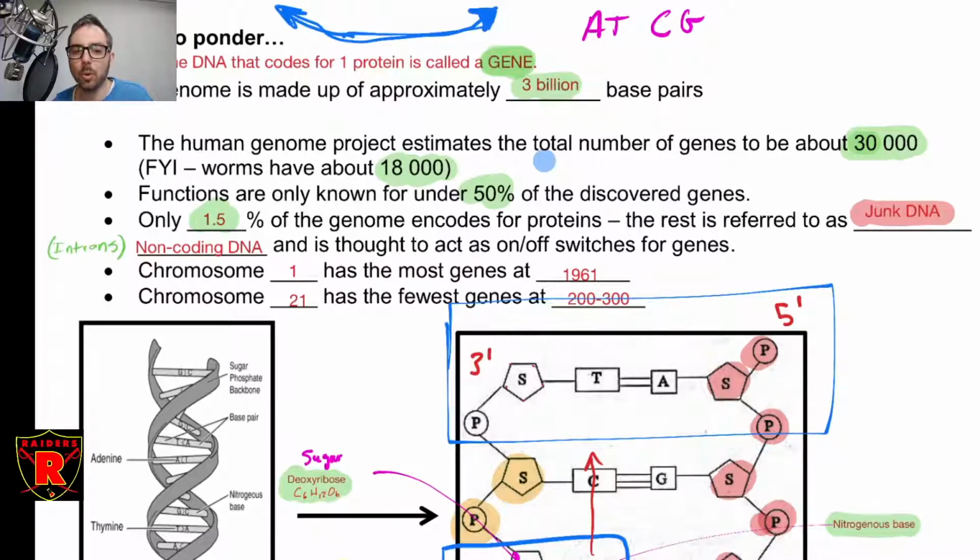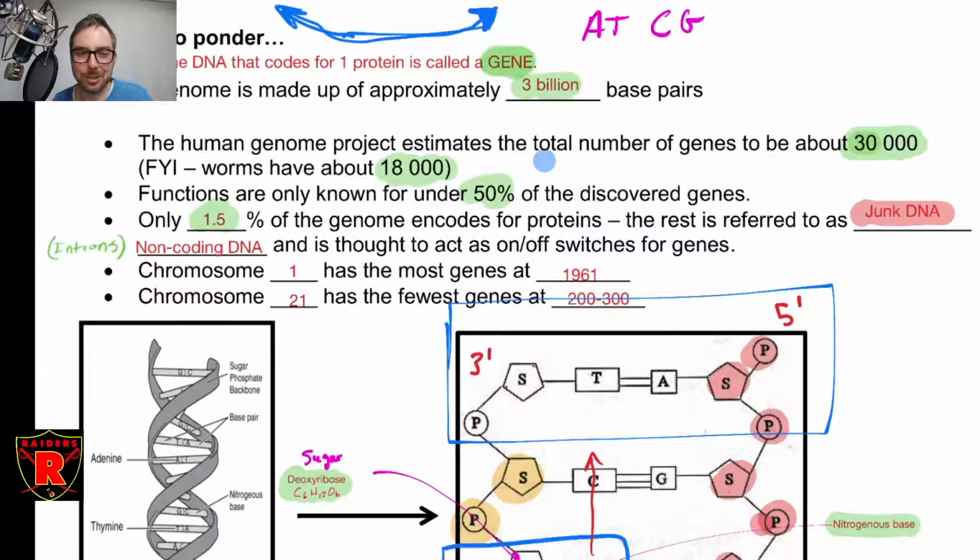We only know the function for about 50%, and this is a couple years old. I say it's probably closer to 60% now. And when I say that we know the function, I mean that we have a general sense as to what it does. When there's more gene expression from this gene, we see this in humans.